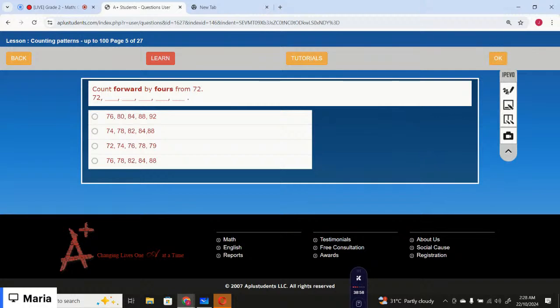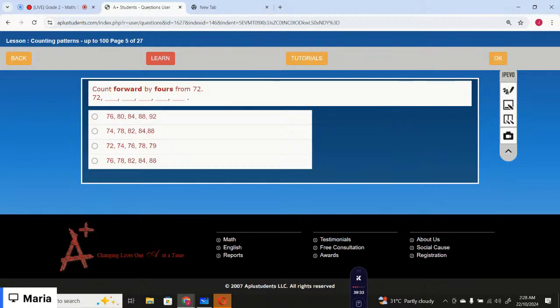Count forward by fours from 72. So, which is the correct option?